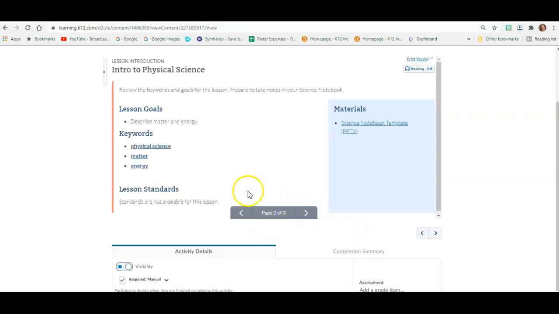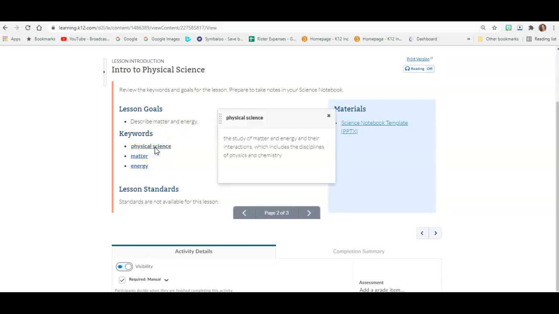So our lesson goals, remember, we are filling some things into our science notebook. We want to be able to describe matter and energy. On the left side, you want to be sure to fill out the definition for physical science we just talked about. It's the study of matter and energy and their interactions, which include the disciplines of physics and chemistry.